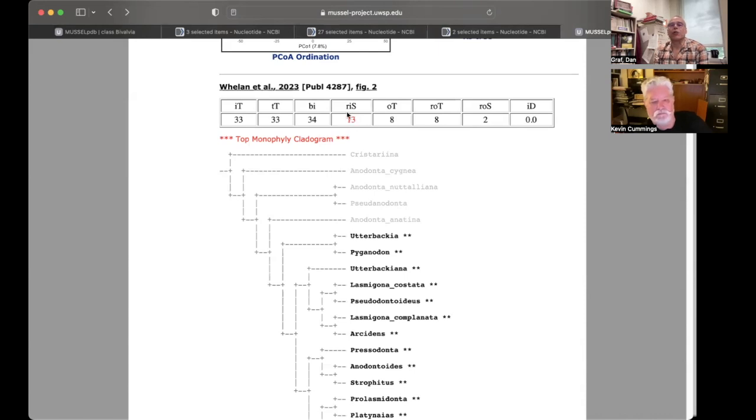The rigorous in-group subtaxa is the number of genera in the analysis, since this is a subtribe. Out-group terminals would be the number of species in the out-group. Rigorous out-group terminals would be the number of out-group species.